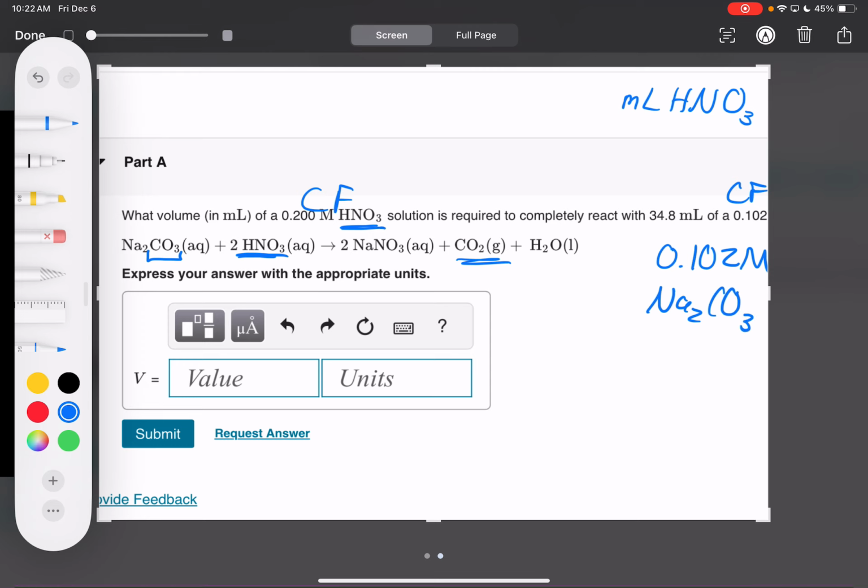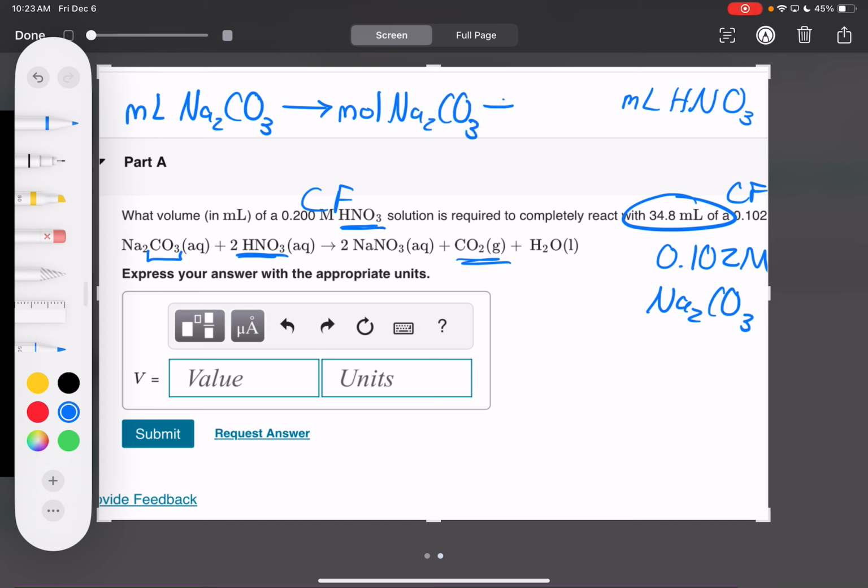Okay, it was the other reactant. So that's also going to be a conversion factor. So the only place we can really start is with this volume of Na2CO3. So we're going to start with milliliters of Na2CO3. We're going to go to moles Na2CO3. Then we're going to go to moles of HNO3.